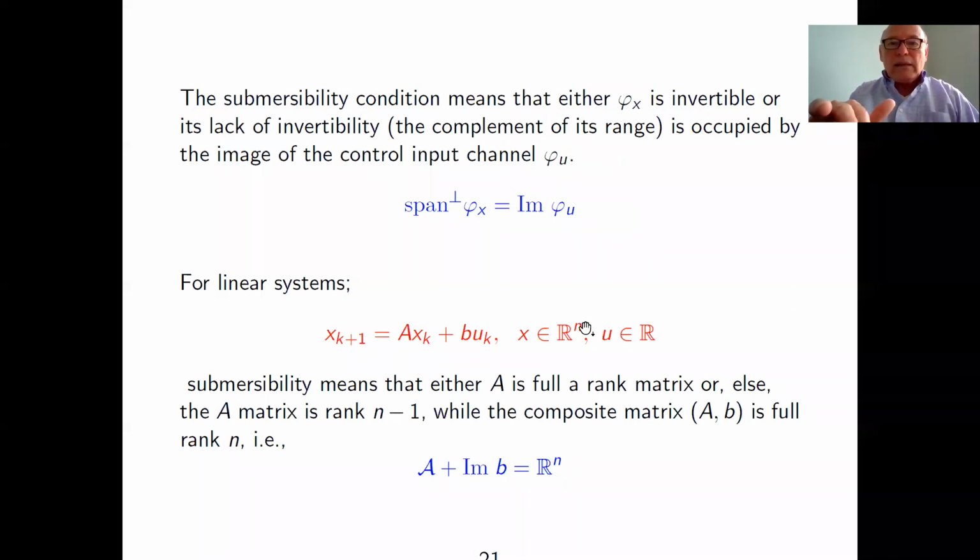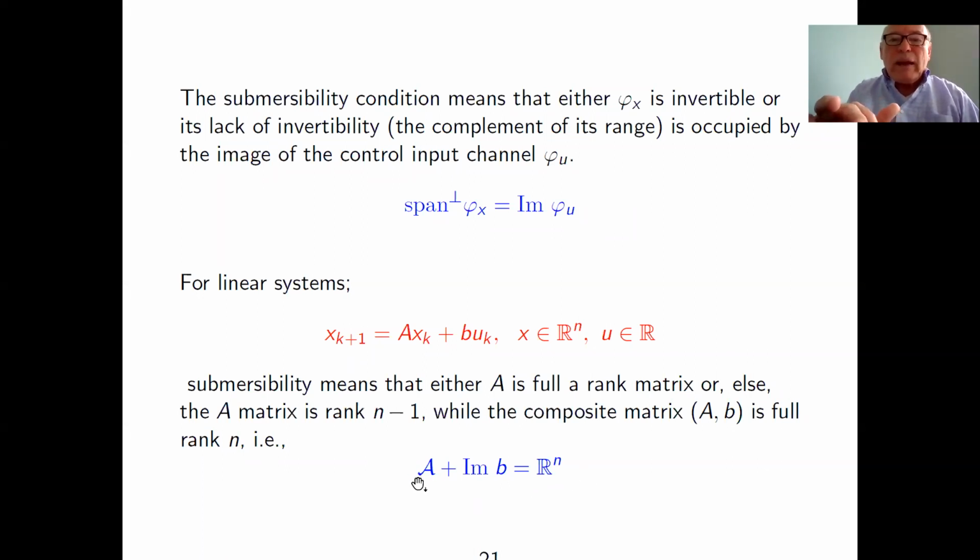In the linear case, it just tells you a basic formula in which phi of x is simply A, phi of u is simply B. What we are saying with that condition is that the span of A complemented with the image of B always completes the n-dimensional space.